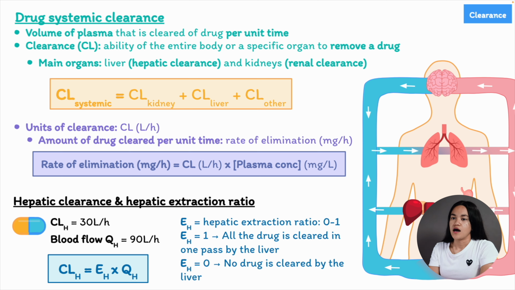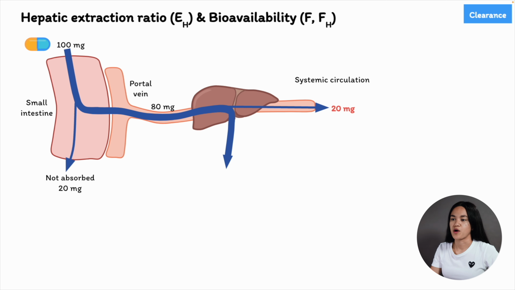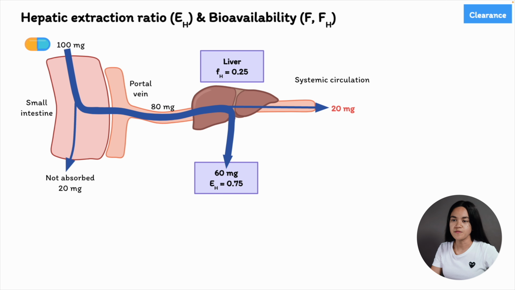Okay? Another parameter is hepatic bioavailability and the hepatic extraction ratio in this context. So remember this diagram we used to explain bioavailability? Well, we can also express liver bioavailability. We can see a correlation between the bioavailability and the hepatic extraction ratio.